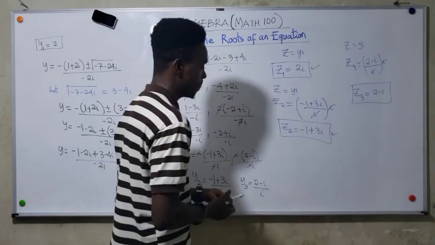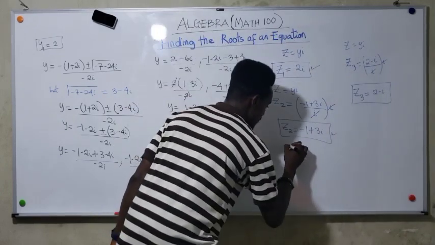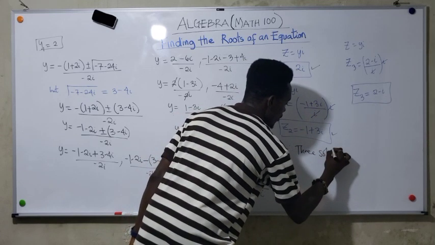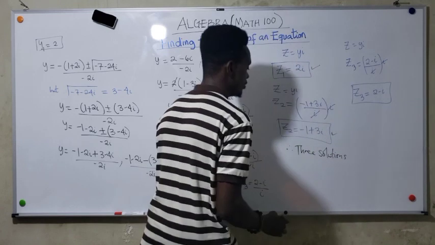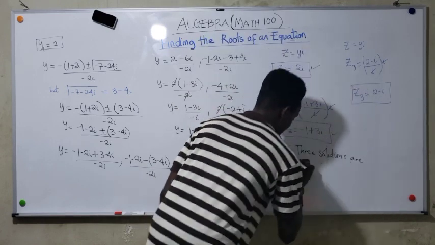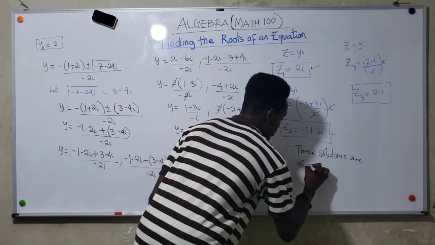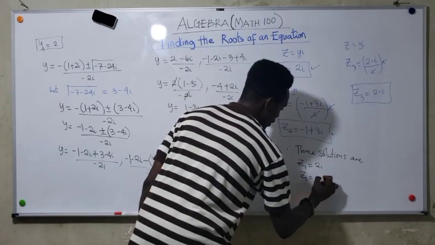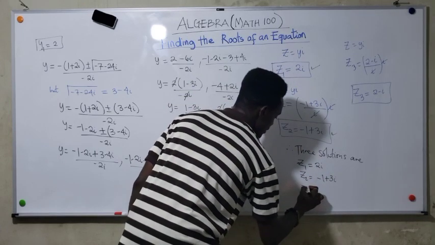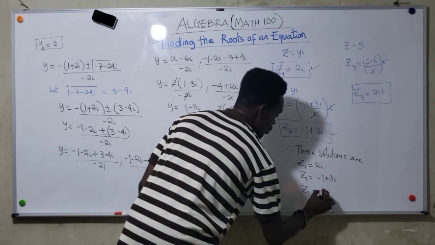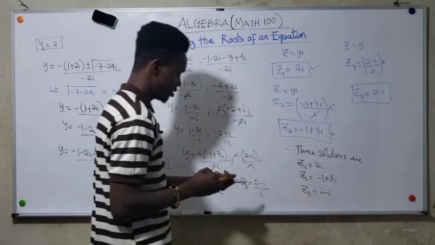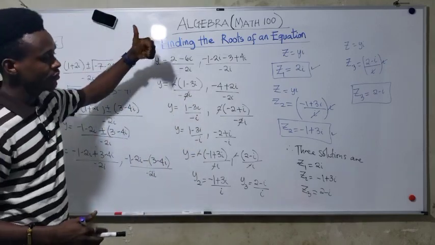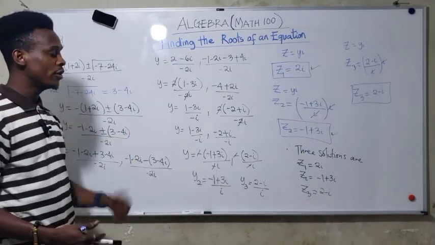So therefore, the three solutions of the equation are: z1 is equal to 2i, z2 is equal to minus 1 plus 3i, and z3 is equal to 2 minus i. So the question says that one of the roots is purely imaginary.